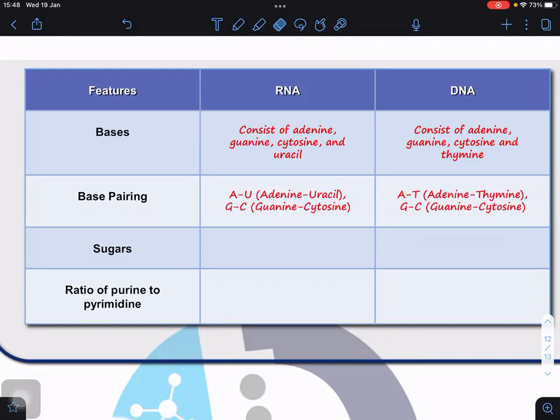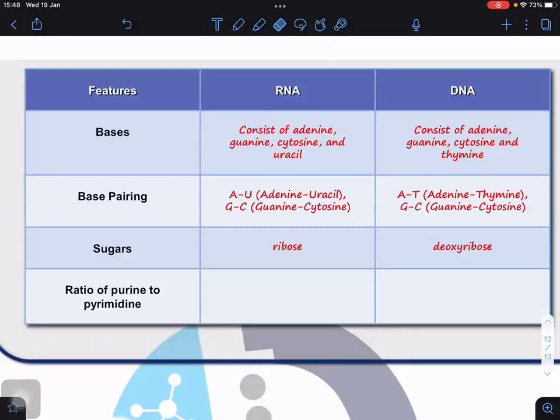But base pairing in RNA will be A with U, G and C. In DNA, it will be A and T, G and C. In terms of sugar, RNA's pentose sugar is ribose. In DNA, deoxyribose.